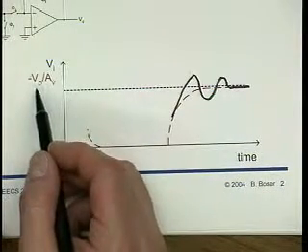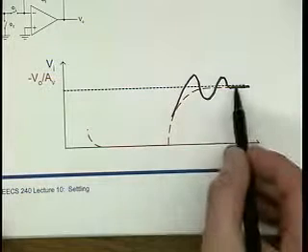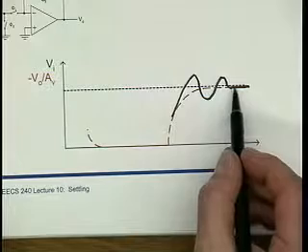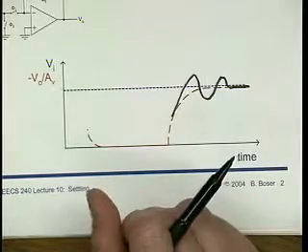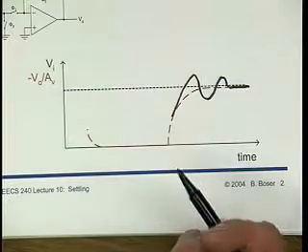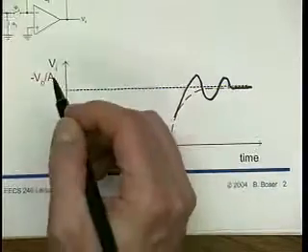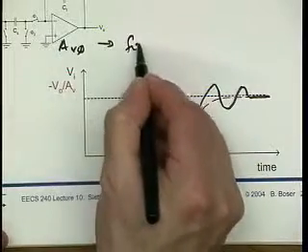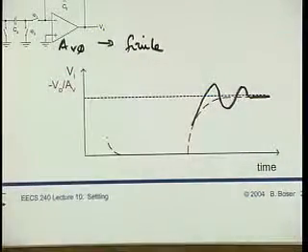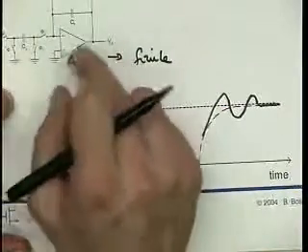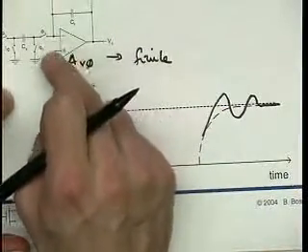And then also, after we wait for an infinitely long time, the output of the amplifier is going to settle to a value that is close to the ideal value, but not exactly the right result. And the reason we don't get to the exactly right result is that this AV0 is finite. Okay? And consequently, even after infinitely long time, there is a residual voltage.